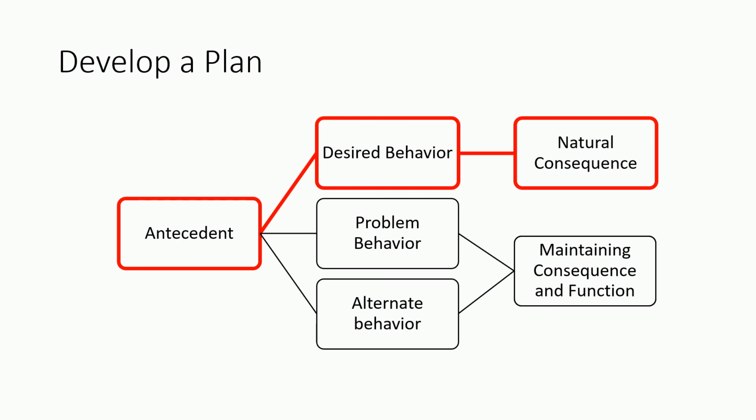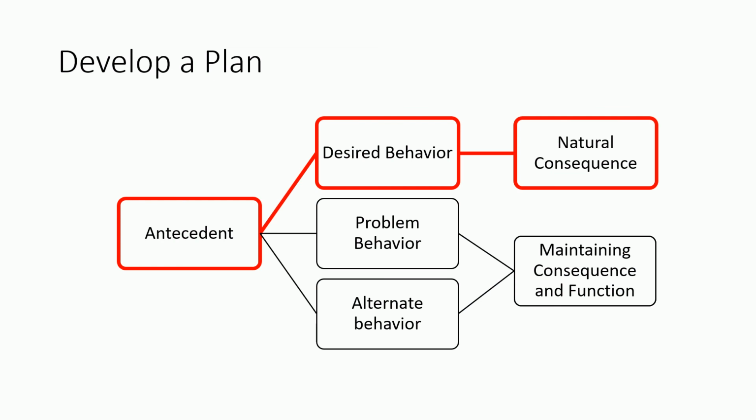Now that's well and good, and that's something that we need to start with, but there's also this pathway where we want to get to the desired behavior. So we want to get to natural consequences that are the same types of consequences that everybody else encounters in life. So instead of this problem behavior and this alternative behavior, what is that behavior that we really want to see from this person instead of any challenging behavior, so that they can get some attention at appropriate times?